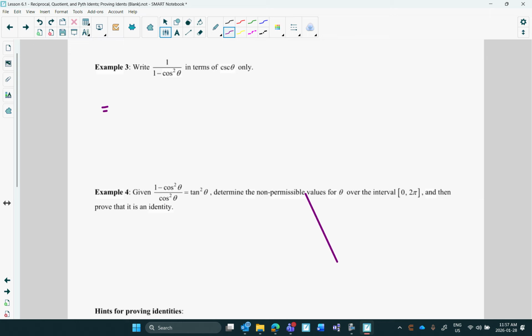Do you see anything in the numerator or denominator that you could simplify? This is the same as, if you look on the previous page, sine squared theta. Right?